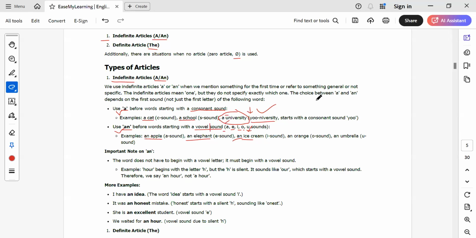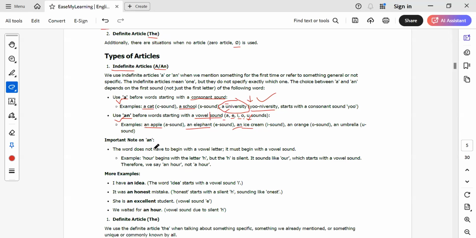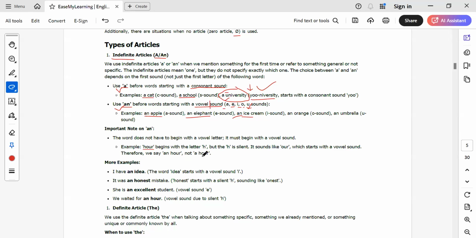Okay. So just to emphasize, another common example of this is hour. Okay, hour means hour of the day, hour, minute, second, as you know. So here we write it as HOUR, but we say our.